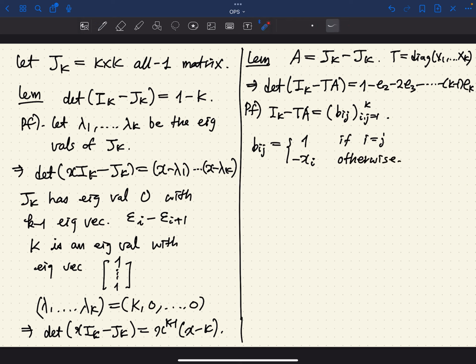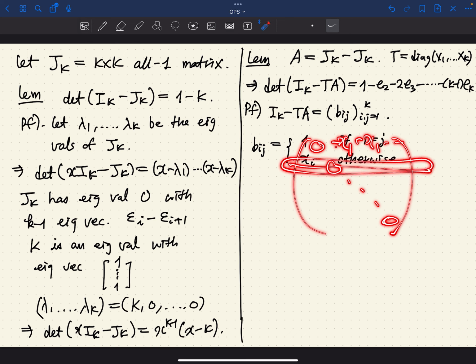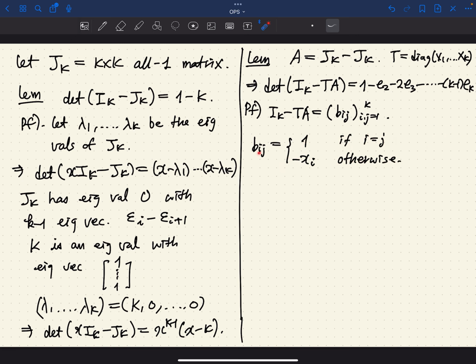Because this matrix TA is nothing but the diagonal entries are all 0, and here is like x1 minus x1, etc. So every row has minus x_i, except the diagonal entry, which is 1. So if i equals j, we only have 1 from the identity matrix. So that is the matrix.